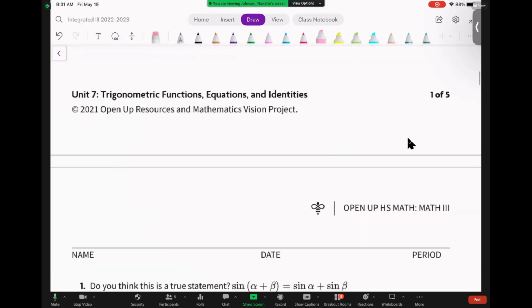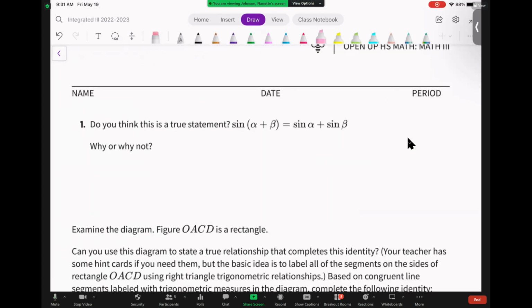So I'm going to do this. It says, why do you think this statement is not true? Why do you even think people think that this is true? Some people think, oh, it kind of looks like the distributive property, Ms. Johnson. And I'm like, oh, yes, the distributive property. 4 parentheses x plus 2 equals 4x plus 8, right?